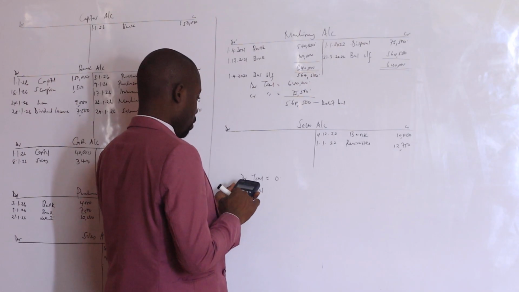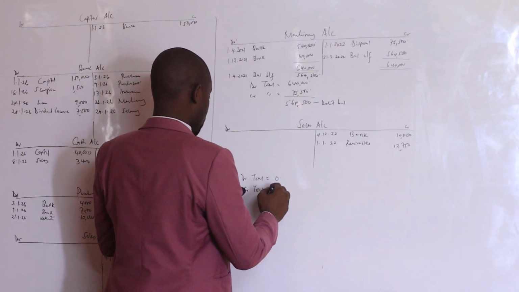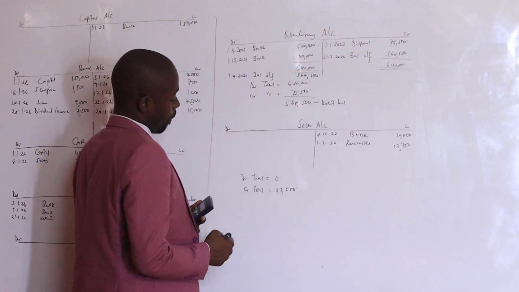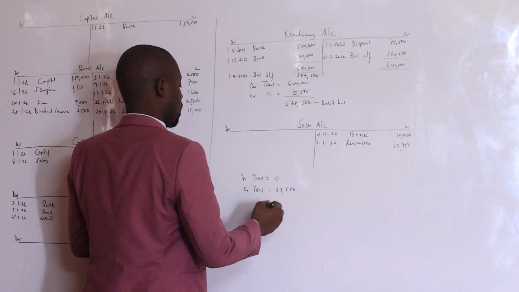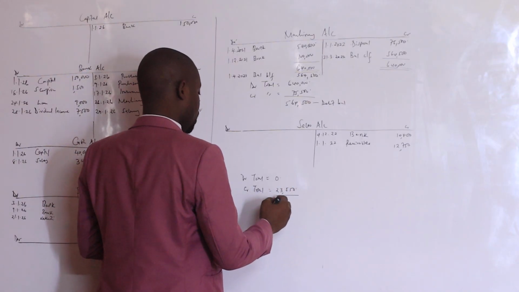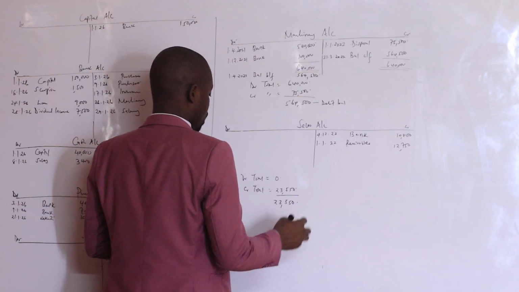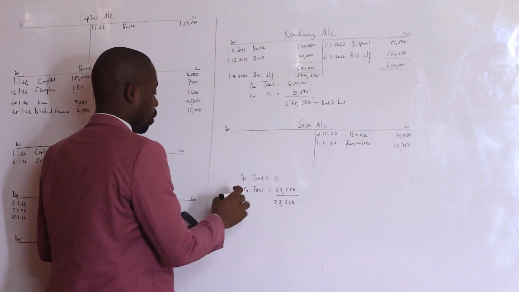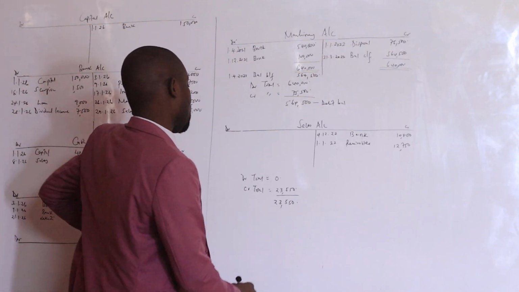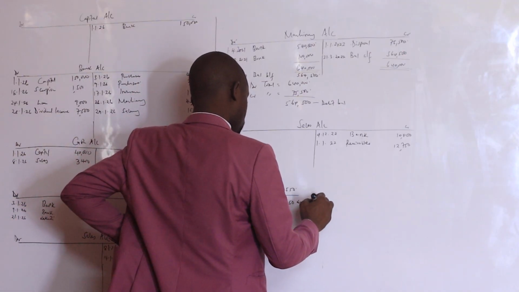So that amount is what we want to use in getting the difference. The difference here is neither negative nor positive. We don't call it negative or positive. It's just what? Either a debit balance or a credit balance. So looking at this, the debit total is smaller than the credit total. We call it a debit balance.